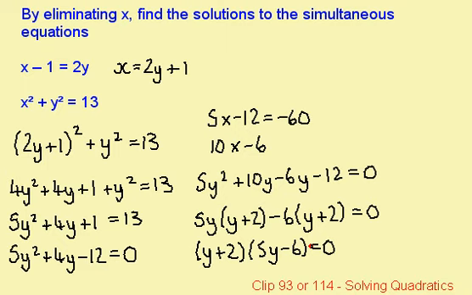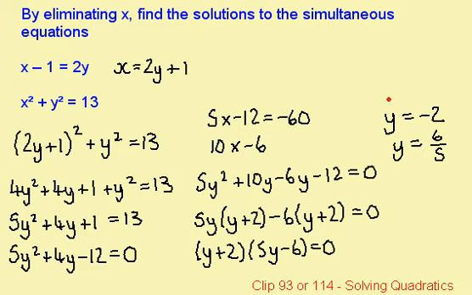To solve this, either this bracket or this bracket is equal to 0. If this bracket is equal to 0, y equals minus 2. If this bracket is equal to 0, 5y equals 6, so y equals 6 over 5.